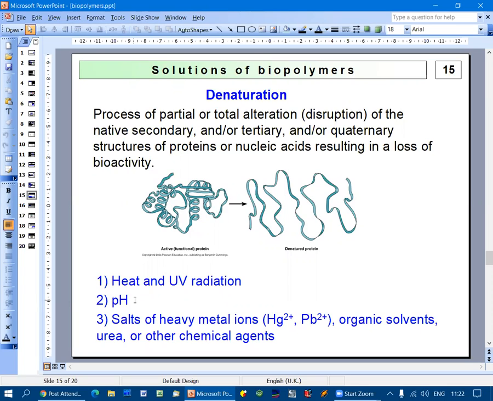And again, if, for example, the side chain of a protein includes SH functional groups, the residue of cysteine. You know that mercury and lead cations form precipitates with the sulfide anions. It's an insoluble compound.